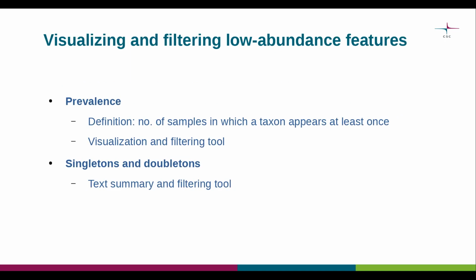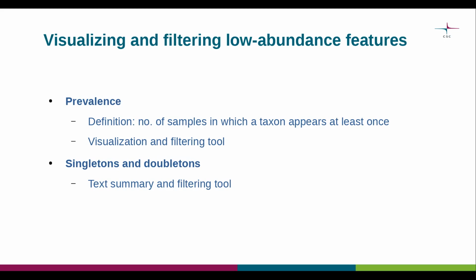So options for tidying microbial community datasets in Chipster further involve some tools for visualizing and filtering out low abundance OTUs. There are 2 approaches to this, a prevalence-based one and another based on the abundance of singletons and doubletons. Prevalence refers to the number of samples in which a taxon appears at least once.